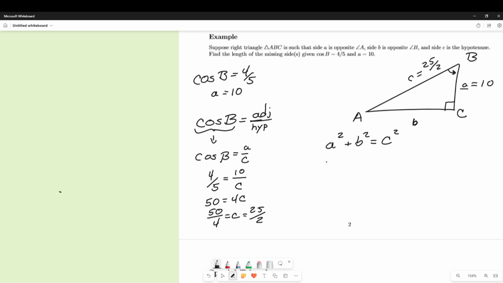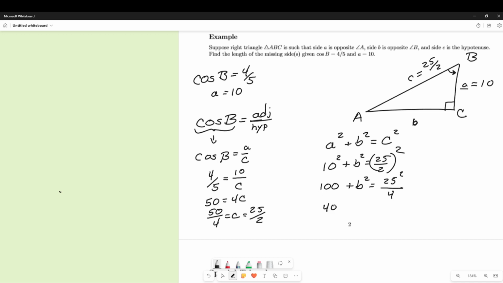So that's going to be 10 squared plus b squared equals 25 halves squared. So 100 plus b squared equals 25 squared over 2 squared, so 4.